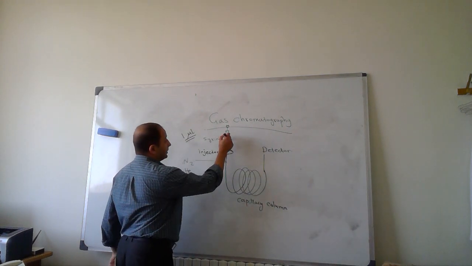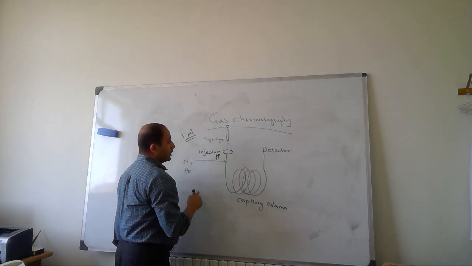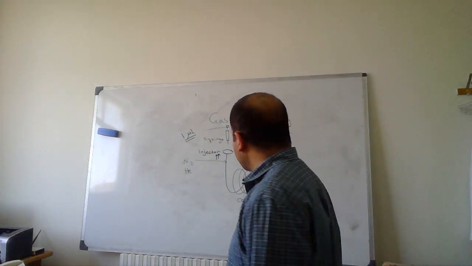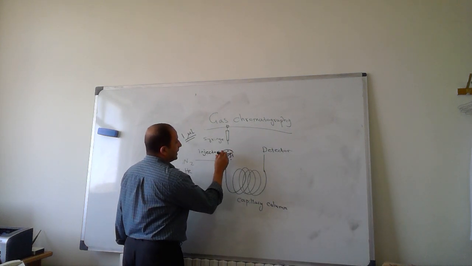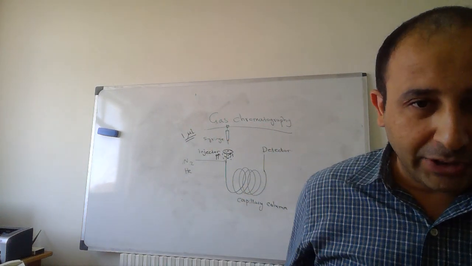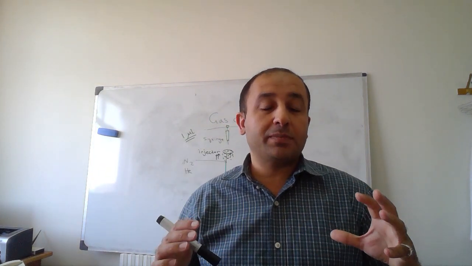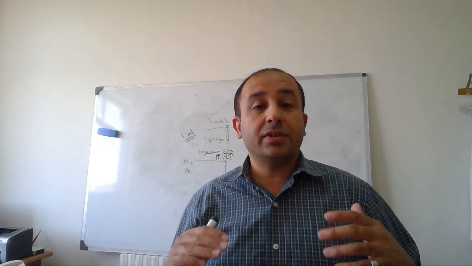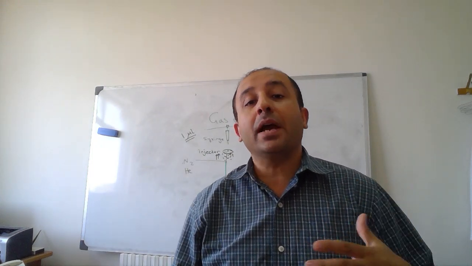So once we inject the sample, the injector will be at high temperature in order to make the solution gaseous. So the solution will be gas here, and we know that we will have volume expansion. 1 microliter will make significant volume expansion. So this is one of the reasons that we cannot increase the sample more than 3 microliter.